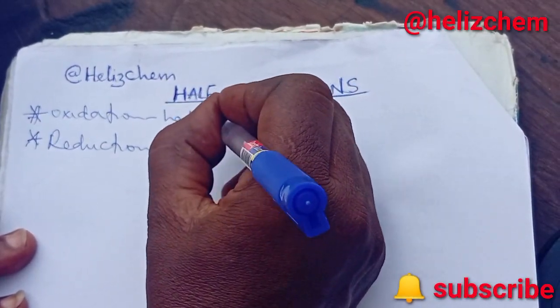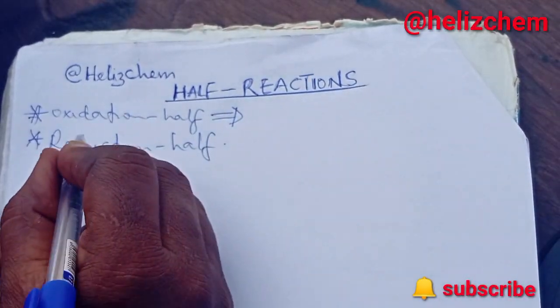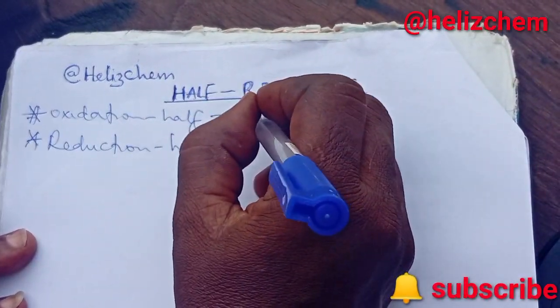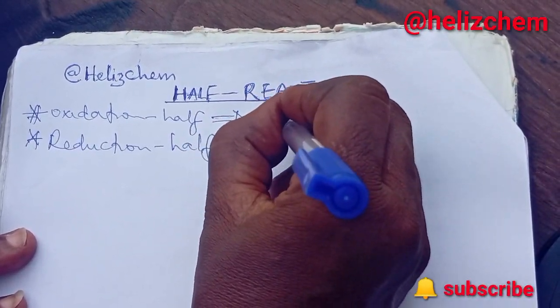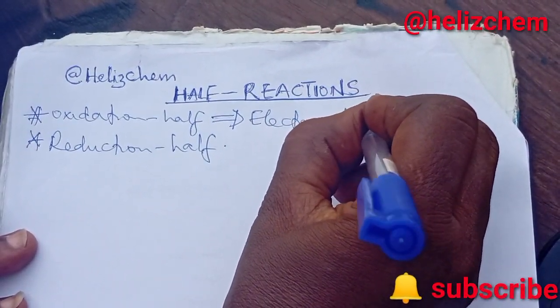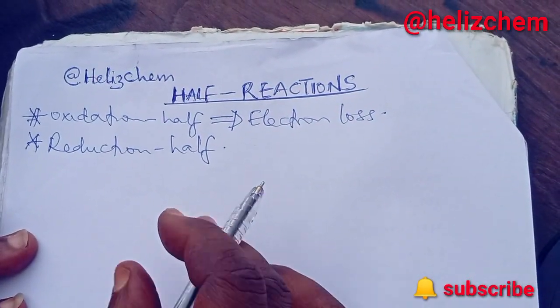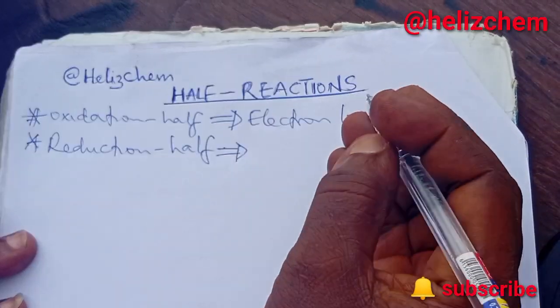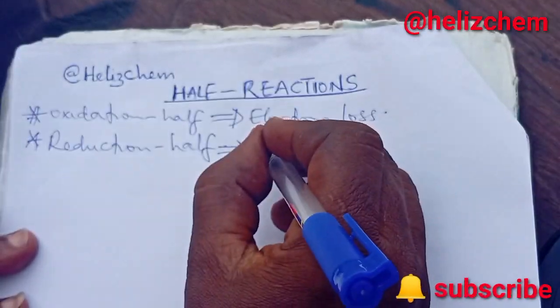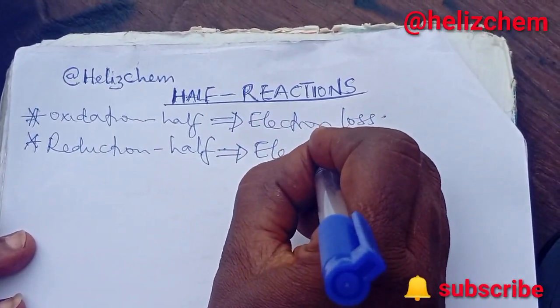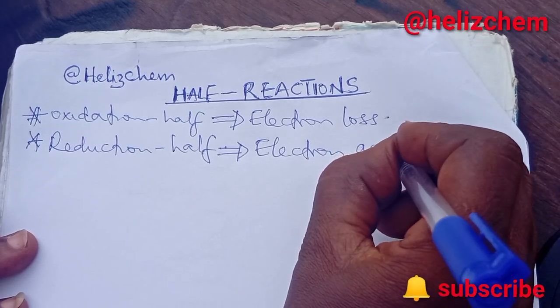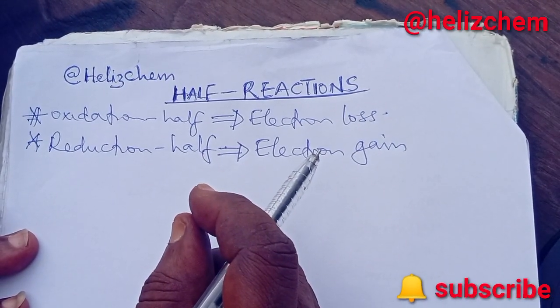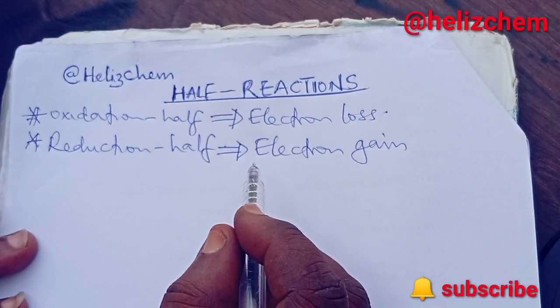This oxidation half reaction, by definition, has to do with electron loss, that is, loss of electron, while the reduction half reaction has to do with electron gain, gaining of electron.